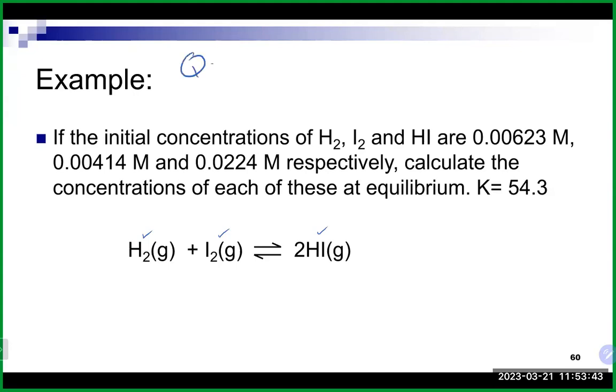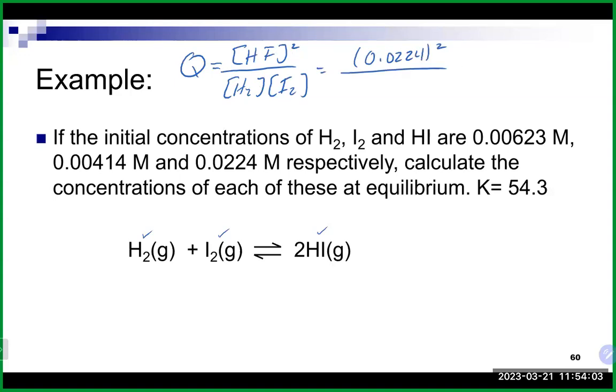Let's see. Q is calculated the same as K, which means it'd be the concentration of HI squared, divided by the concentration of H2 times the concentration of I2. And we could do this because we are given the initial amounts of each of these. So we should check 0.00623 and 0.00414 in this case.